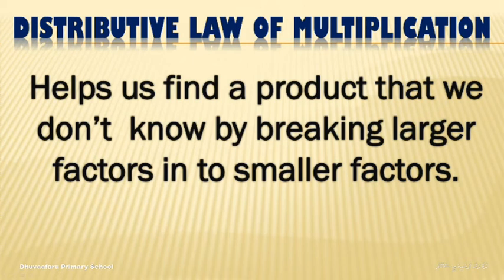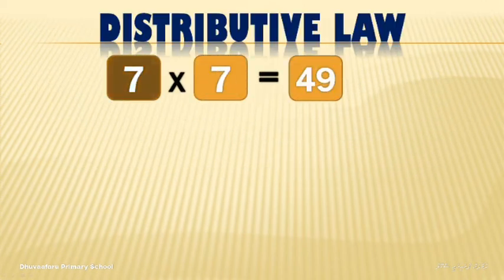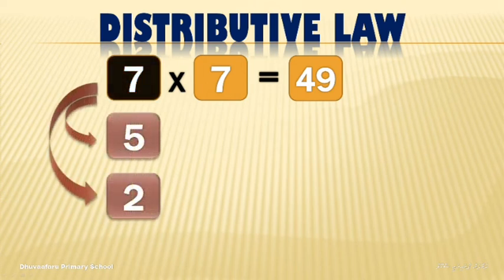We are going to take this 7 here and break it apart into smaller numbers. The distributive property only allows us to break apart one of the factors in an equation. 5 plus 2 equals 7, and we can now multiply each of these numbers by the first 7 in the problem.